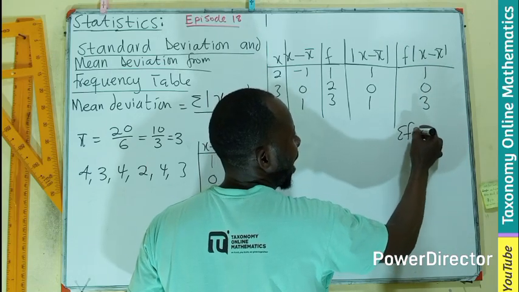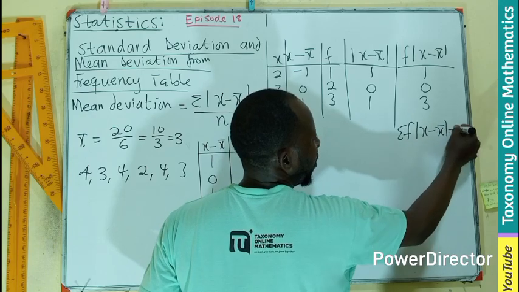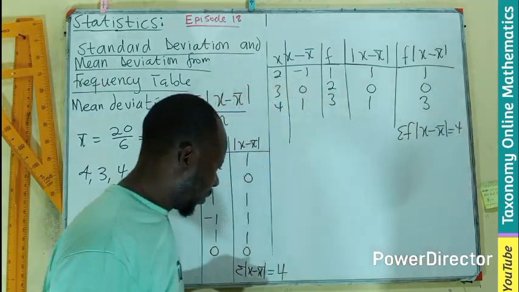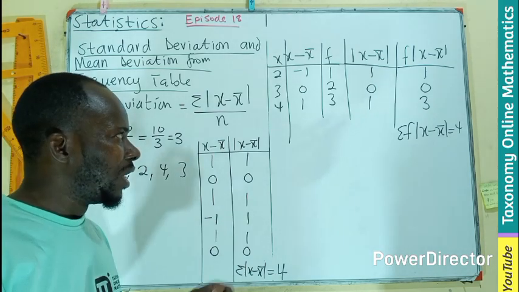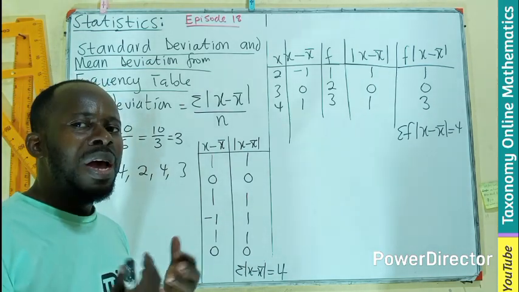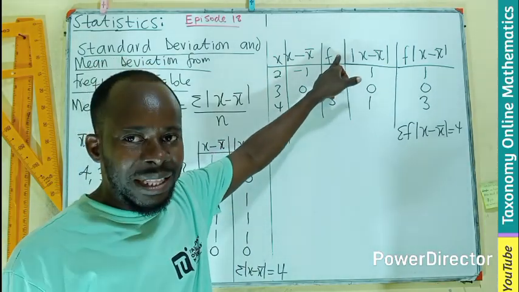So sigma f times the absolute of x minus x bar will be giving you 4, just like we have here. The answer will be the same. But we are doing this in the case that we are dealing with a frequency table that has frequency indicated.